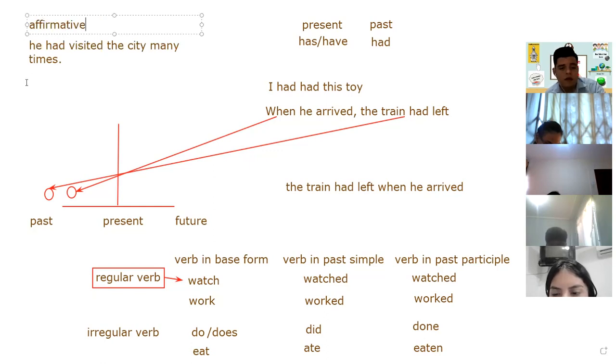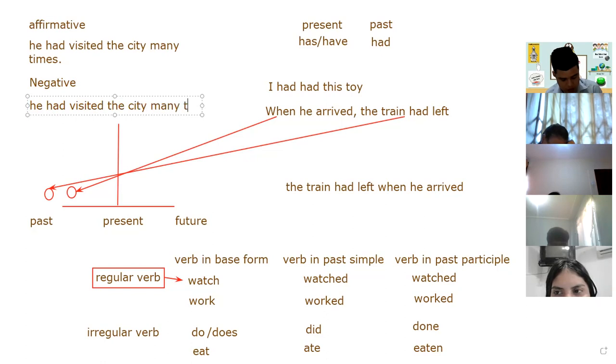Affirmative. Now, how do we transform this affirmative into negative? So we repeat the same sentence. He had visited the city many times. Okay? So the sentence is affirmative. To transform it into negative, we have to add the word not.